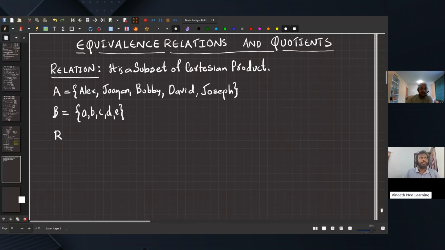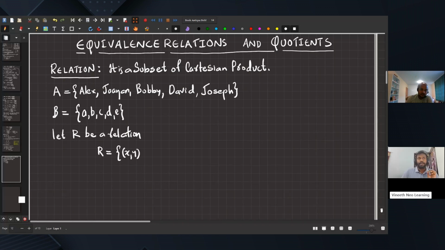I'm going to define a relation. Let R be a relation given by R is the set of all ordered pairs x comma y.